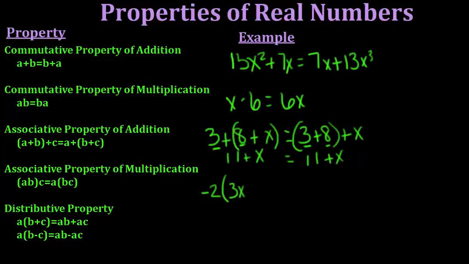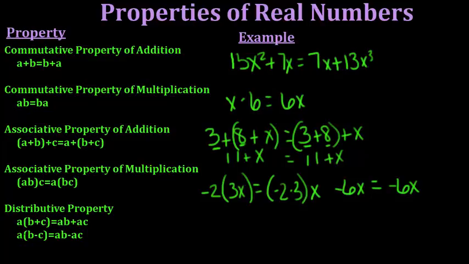So 3 times x is equal to putting negative 2 times 3 in parentheses and multiplying that by x. Negative 2 times 3 is negative 6x, and then the other side, negative 2 times 3 is negative 6, and times x.